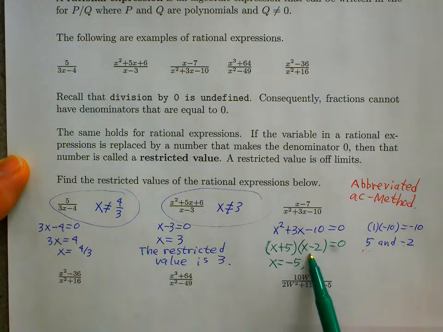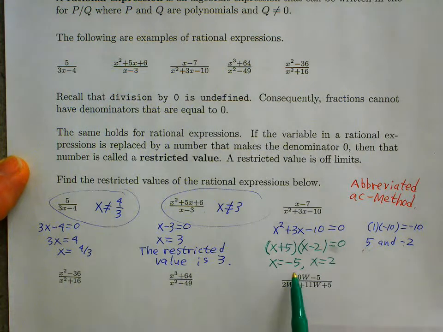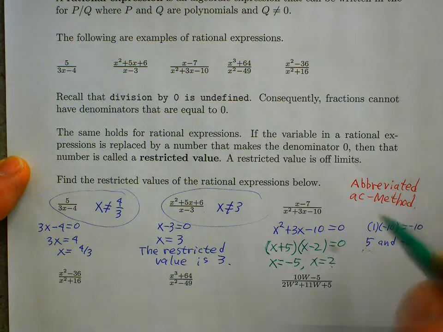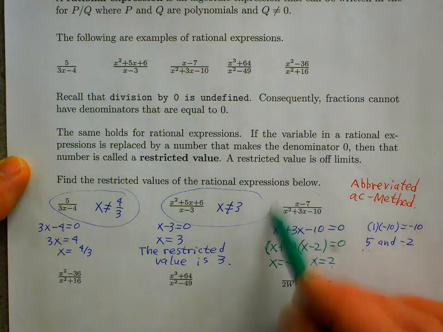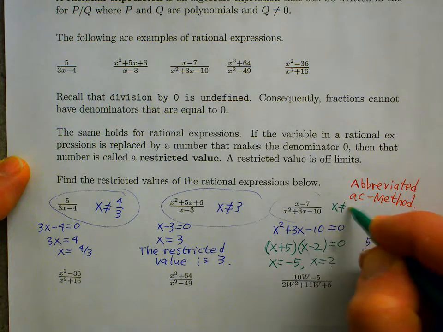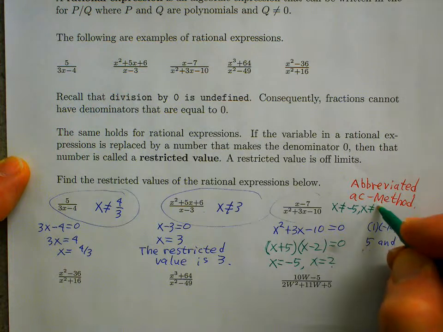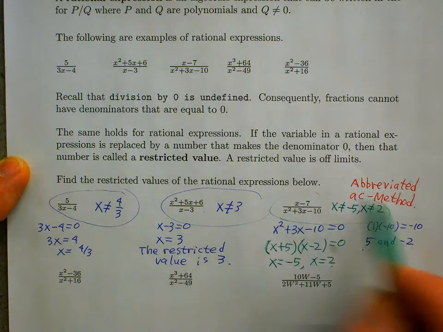And if x minus 2 is 0, then x equals 2. So negative 5 and positive 2 are the restricted values. Alternatively, for this rational expression, we say x does not equal negative 5 and x does not equal positive 2. Those are the restricted values.